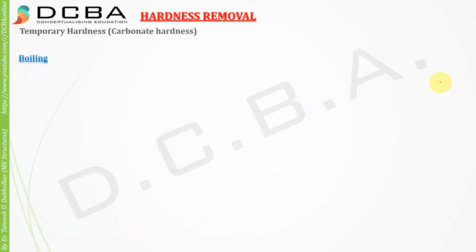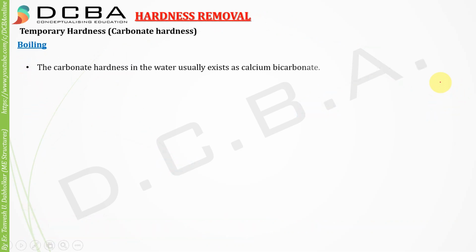So let us start with boiling. The carbonate hardness in the water will usually exist as calcium bicarbonate. As we know, boiling is only going to treat the calcium hardness, it won't treat the magnesium hardness. So carbonate hardness will be present as calcium bicarbonate as well as magnesium bicarbonate.